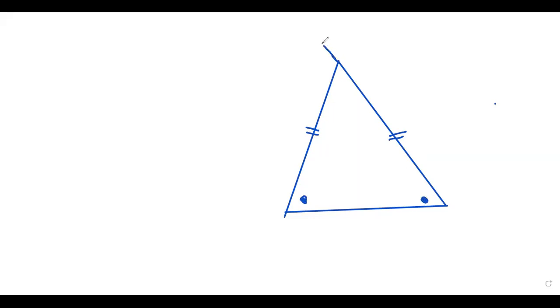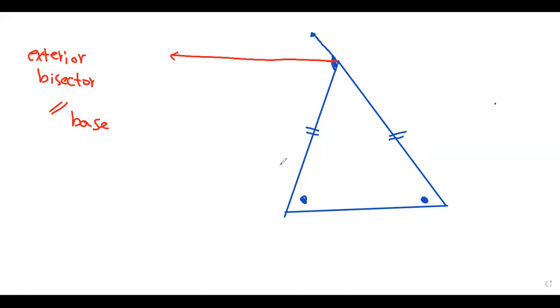If I draw an angle bisector, I want to divide this angle externally. So you will find that the exterior bisector is parallel to the base.